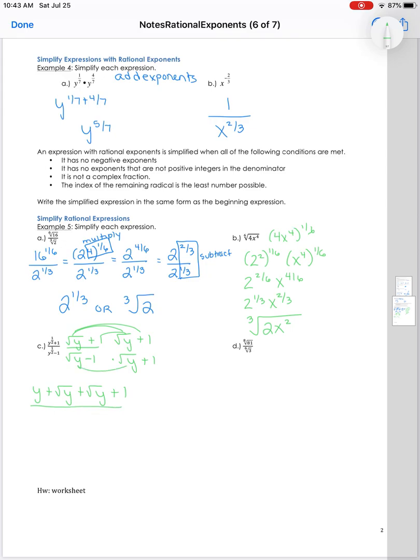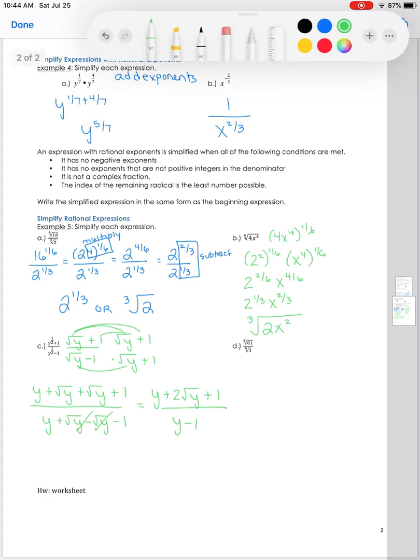For C, y to the 1/2 is the same thing as saying the square root. So this would be the square root of y plus 1 over the square root of y minus 1. That's not okay, so I have to multiply by the conjugate of the denominator. When I do that, square root of y times square root of y is y. Square root of y and 1 make radical y.